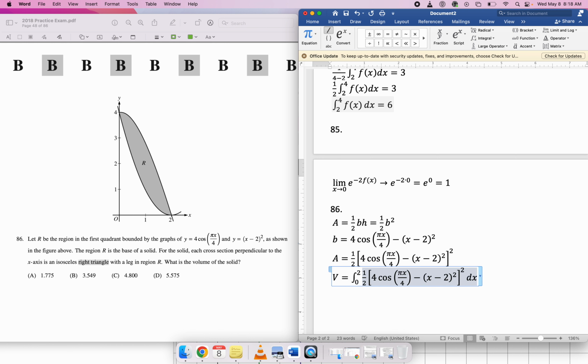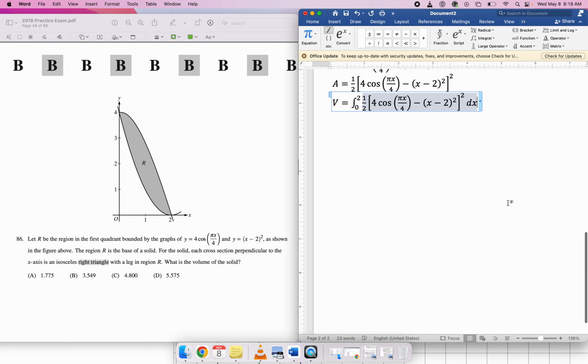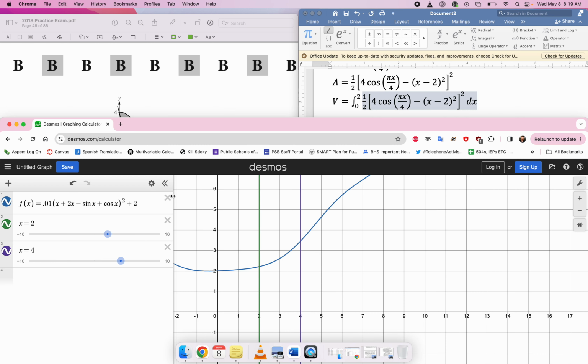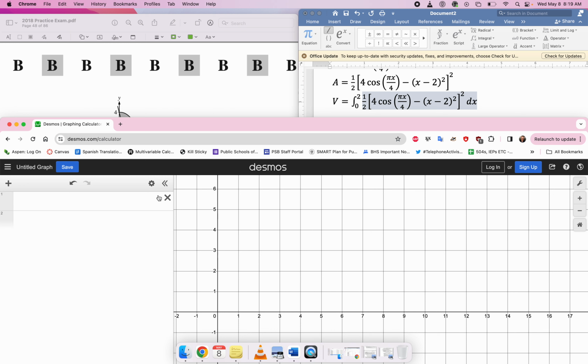I'll compute that on Desmos. So, integral from 0 to 2 of 1/2 times the quantity cosine of pi x over 4 minus quantity x minus 2 squared, all squared, dx: 1.77.